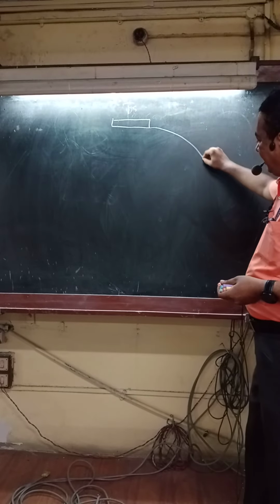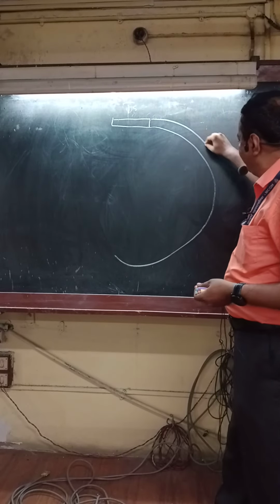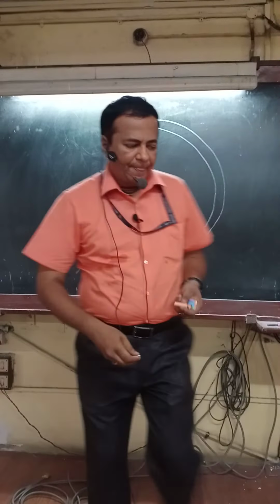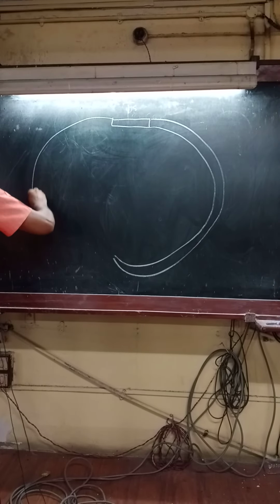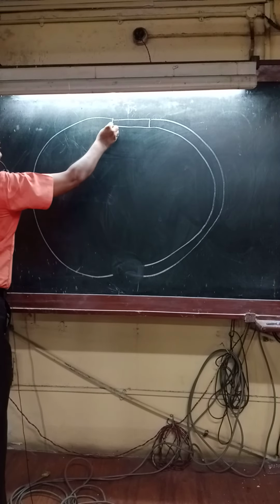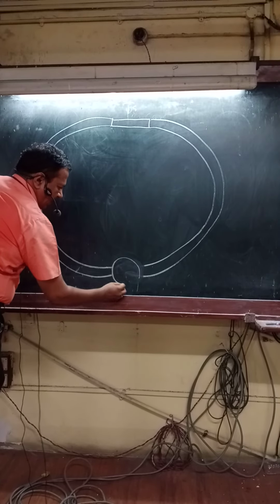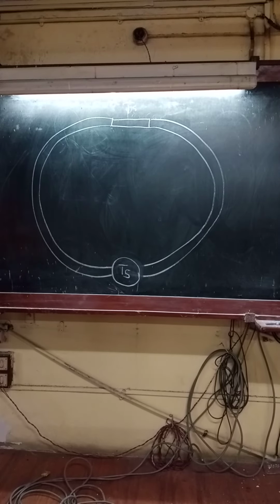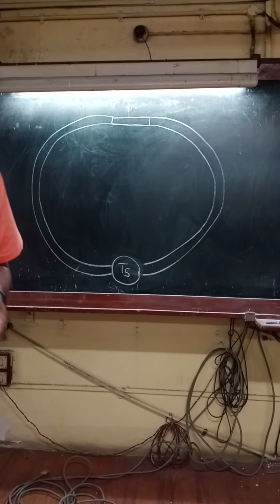And then this is the rib. Here is the T5 vertebra.